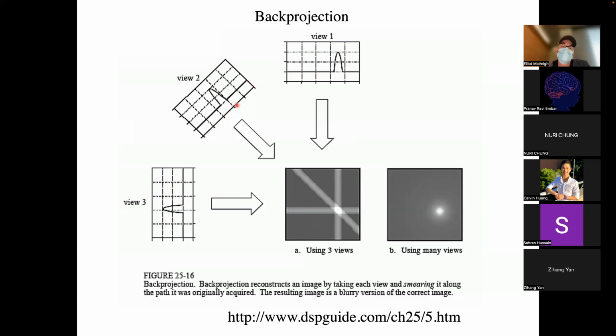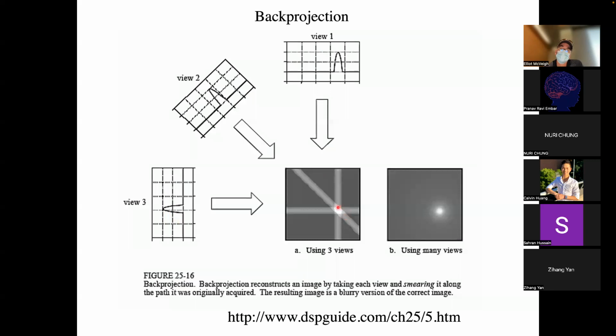Change the orientation, or change theta, and with a different L value I get the exact same function, because the circle is symmetric. As I roll theta around, it doesn't change its look. So I get this same data. If I back project just these three views, I get this as my image.